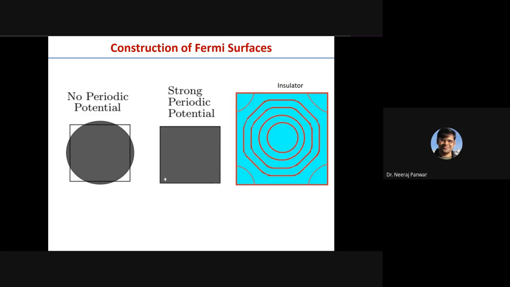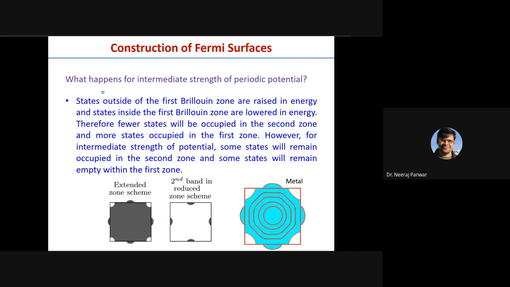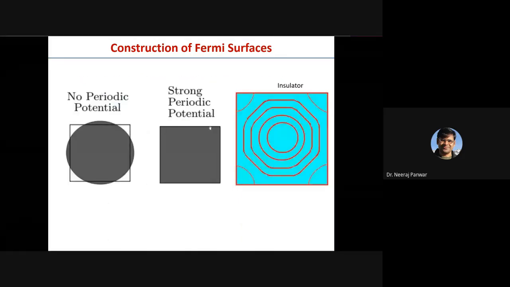Since the first Brillouin zone is completely occupied by the electrons and then we have a gap, this is a kind of insulator. And again, this is how the Fermi surface is going to distort. All right, so this is for very strong periodic potential.